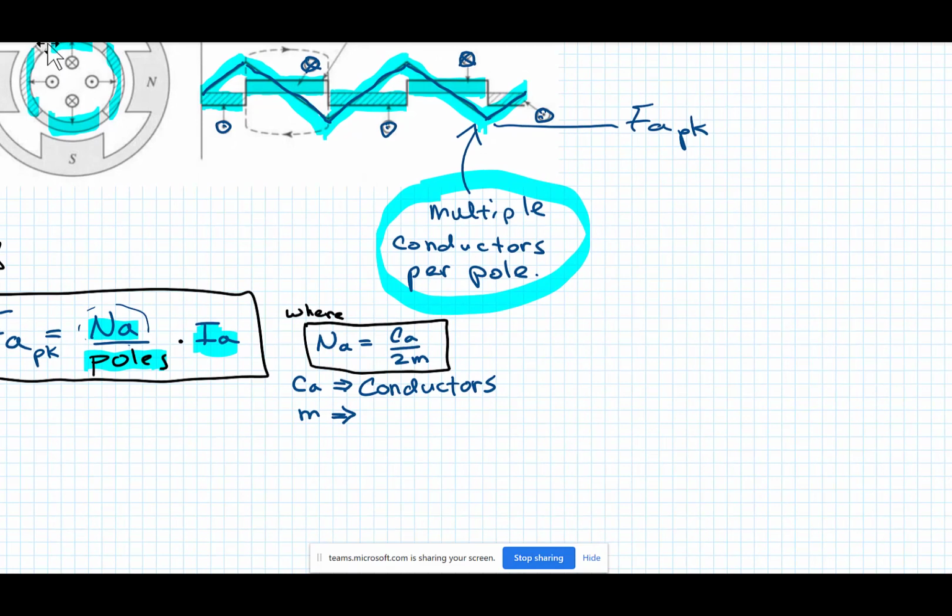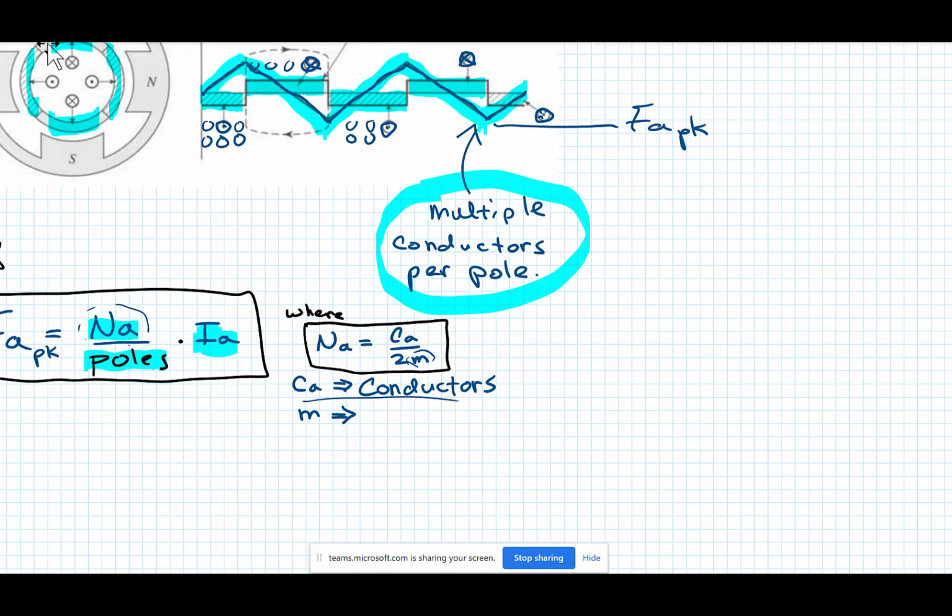If you have more of them, you've got more dots to make up the triangle, or more circles. So that's what CA is. M is the number per slot. So you might have two, and these are run in parallel.